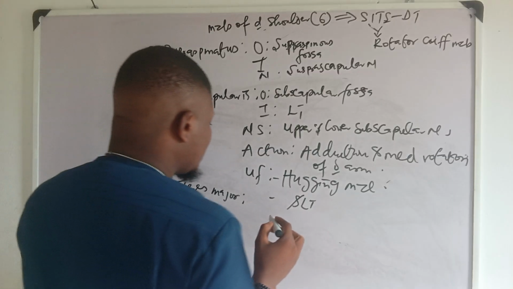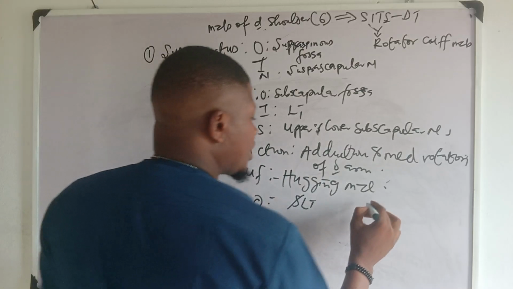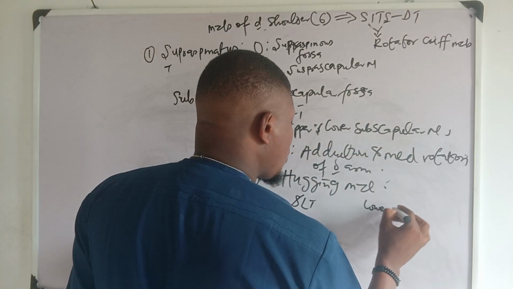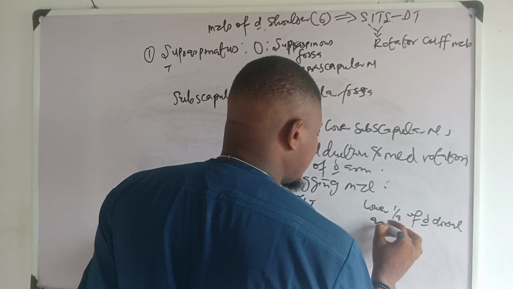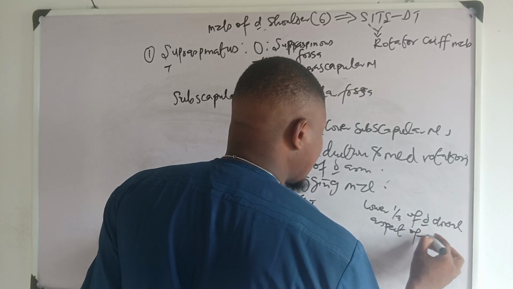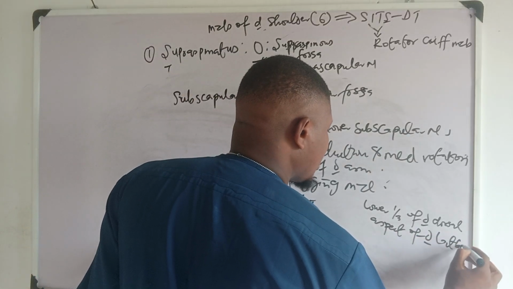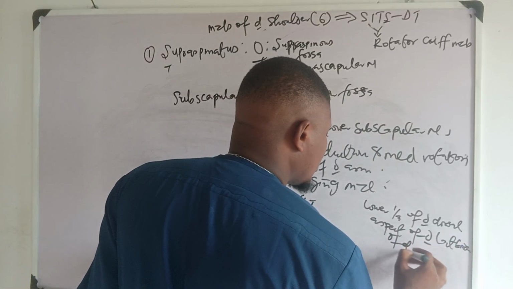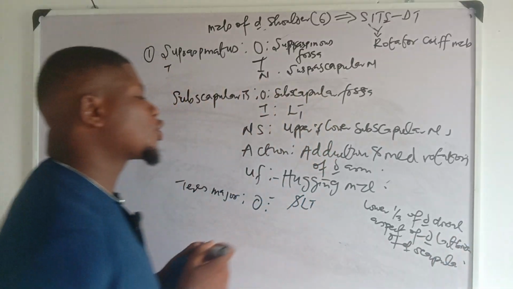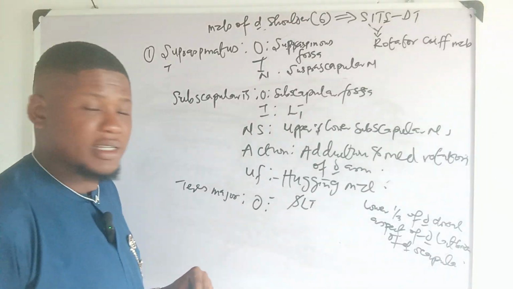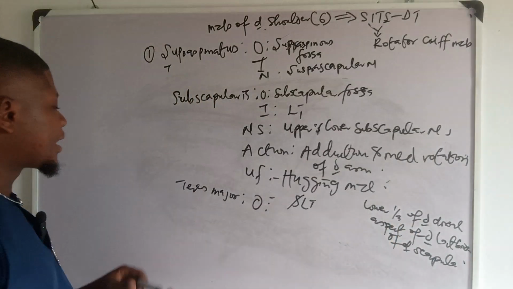Then I want to do teres major before deltoid. So teres major, what do you have to know about it? Origin, you should already know it: the lower one third of the dorsal aspect of the lateral border of the scapula. If you remember, the upper two thirds of the dorsal aspect of the lateral border is by the teres minor.